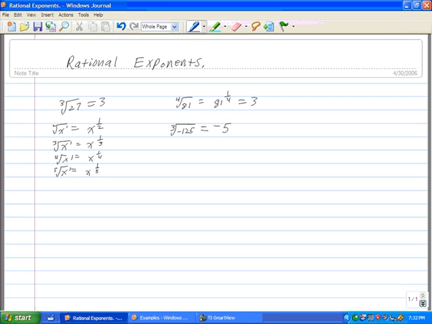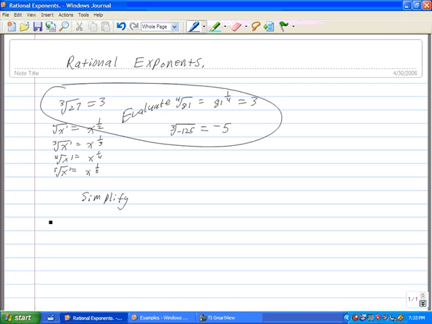So this is what we do for evaluate. Again, remember, that's what we've been doing here, evaluate. That just means go to your computer, your calculator, and punch it in. Now, as far as simplification is concerned, it's a different process.